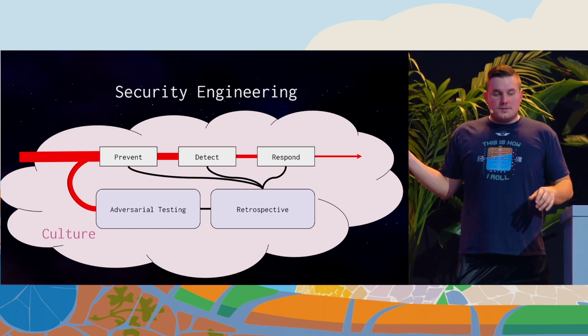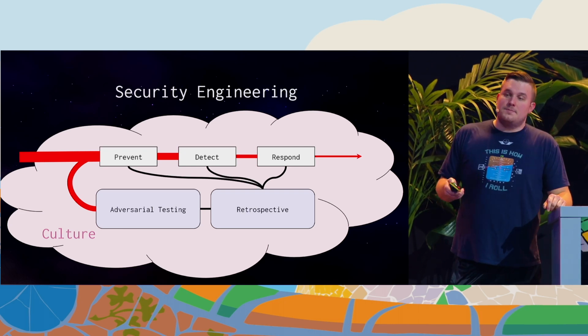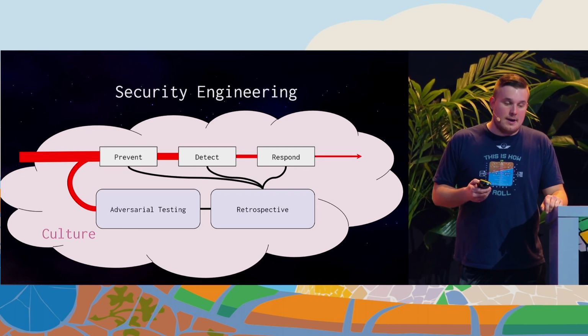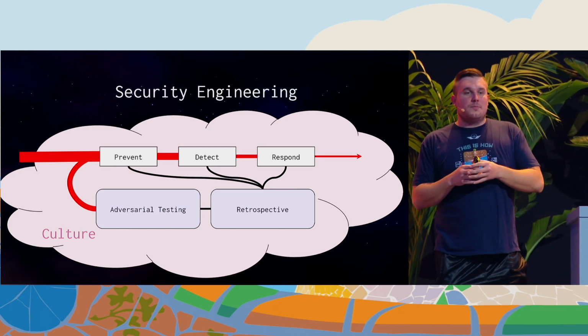And then some other useful tools. We talked about learning from failure. A retrospective process is really crucial to have. That's where whenever something goes wrong or whenever you've completed a project, you gather the team and talk about what went well, what didn't go well, and codify the lessons that you learned from what happened. And obviously another big thing in security is adversarial testing.